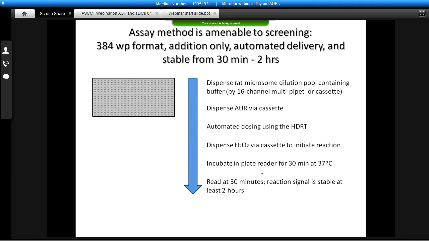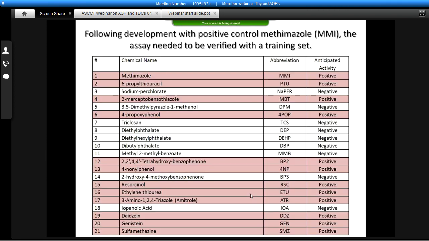The plate is incubated in the plate reader for 30 minutes at 37 degrees. It also works at room temperature. And then the plate can be read at 30 minutes, or it can be read 2 hours later. So if you had a stack of 384 well plates to read on your reader, you could actually get through them and not worry about the signal changing.